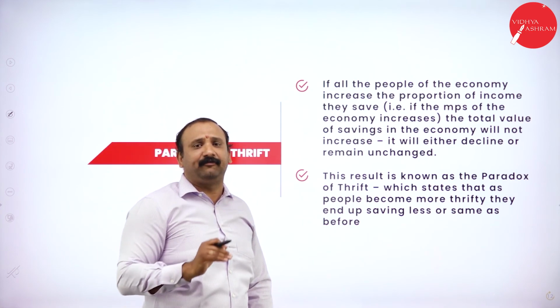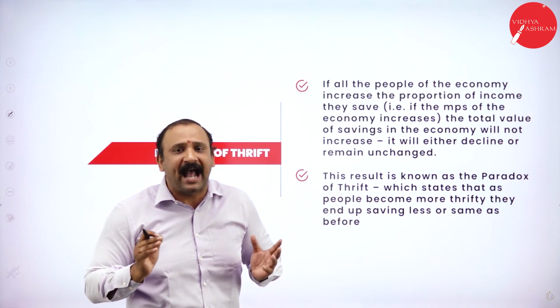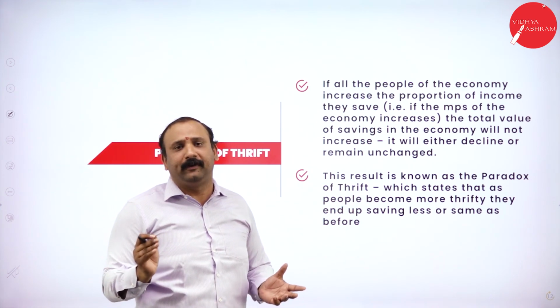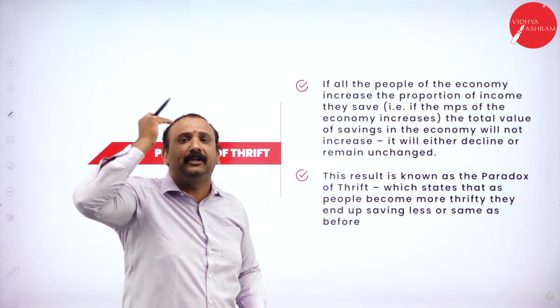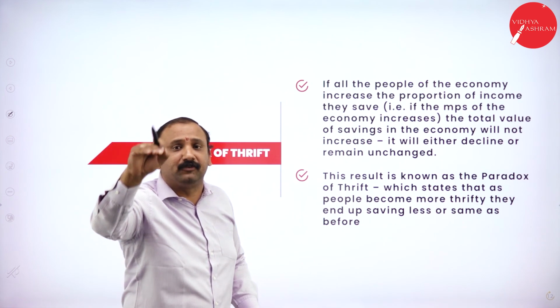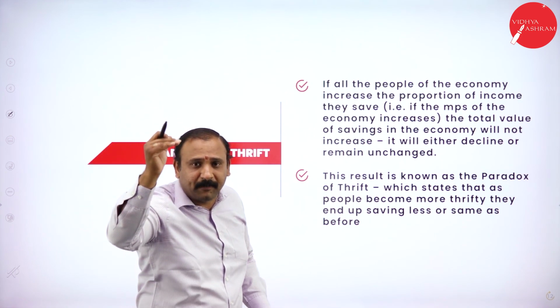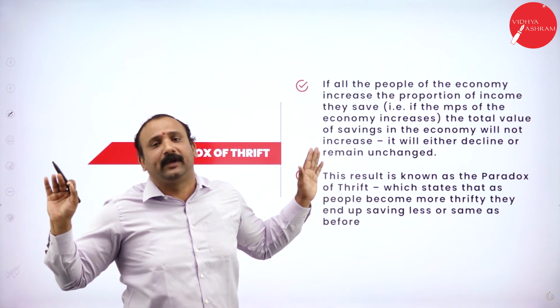You suddenly start finding, what is the point in saving so much money? There has been absolutely no benefit out of it. The moment that factor starts residing in the minds of the people, we call this the paradox of thrift. So the savings level will automatically come down or become a flattened curve altogether.